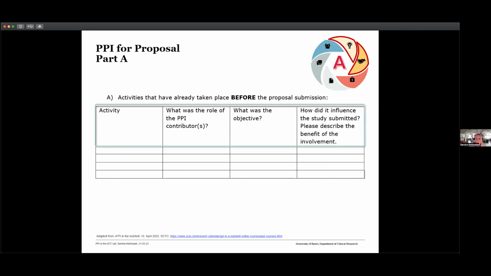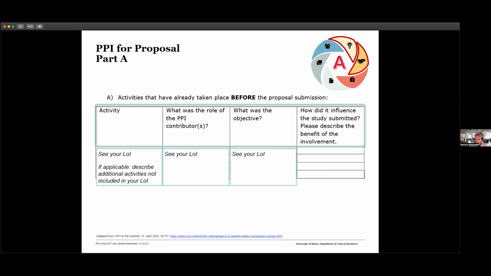It mainly looks like the patient engagement plan in the letter of intent and for the preparatory grant. The only new thing is this column here, where you should explain what the effect was of the PPI activities you have done in your preparation phase on the planning and design of your clinical research project.